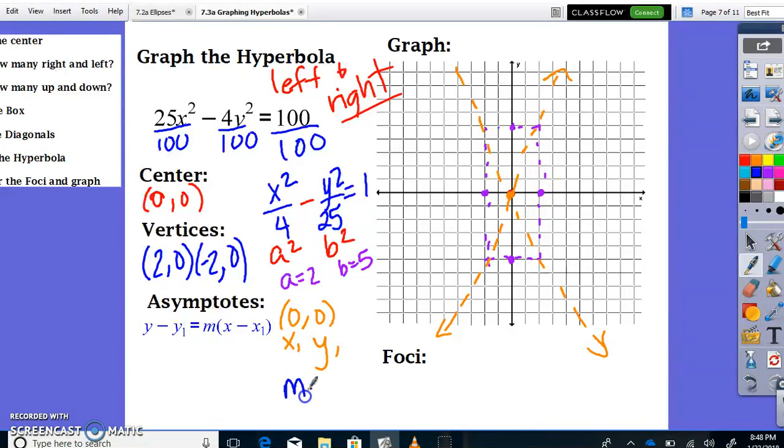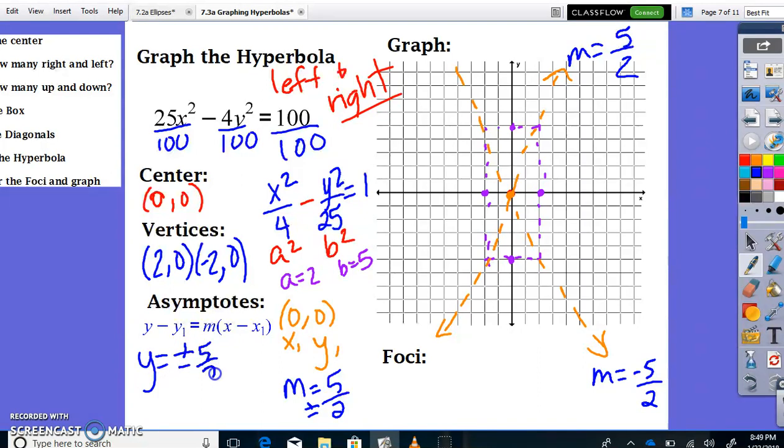So for the slope for these, you're going to go up 1, 2, 3, 4, 5 over 2. So the slope for this one is 5 over 2. The slope for this one will be negative 5 over 2, or plus and minus 5 over 2. So asymptotes, you're going to have one positive slope and one negative slope, 5 halves x, because x1 and y1 will just be 0.